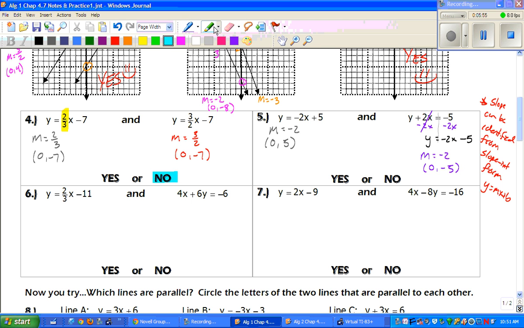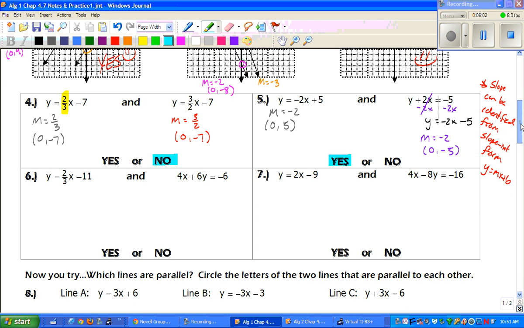So now I can tell that my slope is -2, and the y-intercept is (0, -5). So, do they have the same slope? Yes. Do they have different y-intercepts? Yes. So they are parallel. All right, let's look at the next one. Our slope is 2/3. Our y-intercept is (0, -11). For this part, we have to solve for y. So subtract the 4x from both sides.